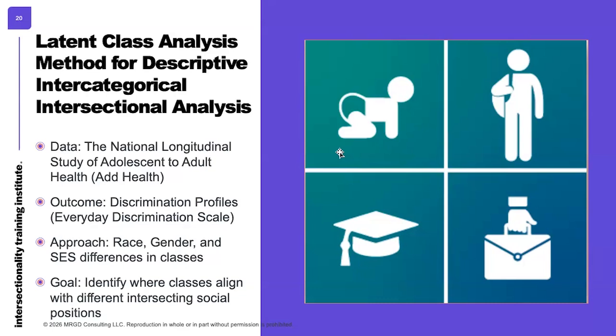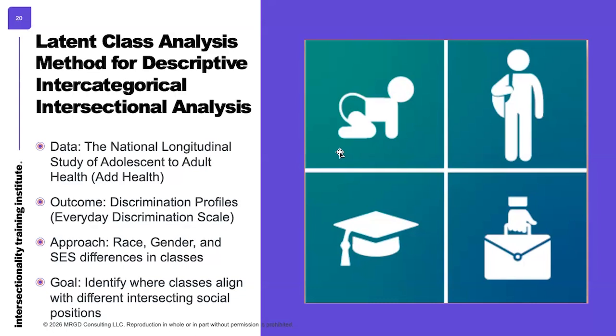We have been following these now no longer young people since I think 2000. And so the last wave of data collection that is publicly available is 2003, wave six, 2003. And so that's the data we'll use.